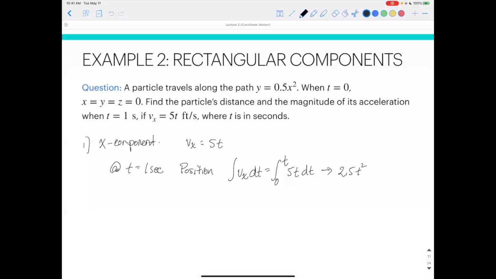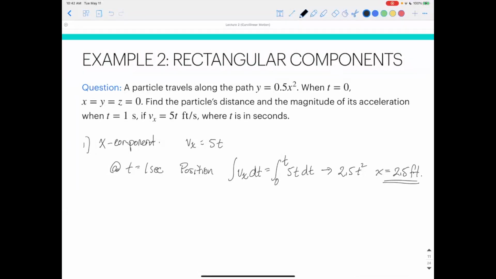So then at 1 second, our x position is 2.5 feet.